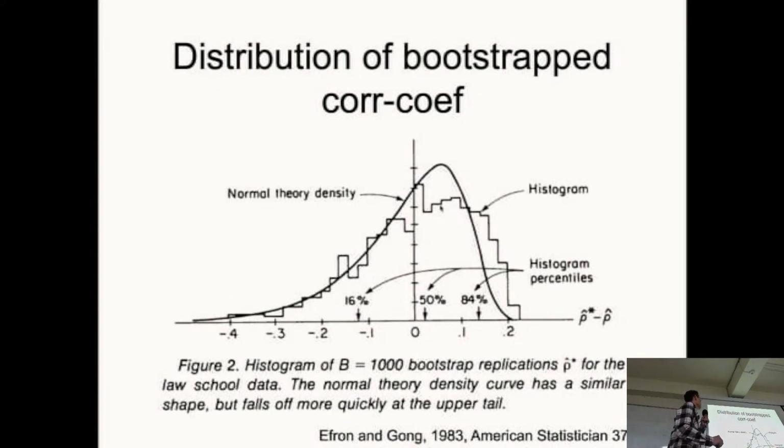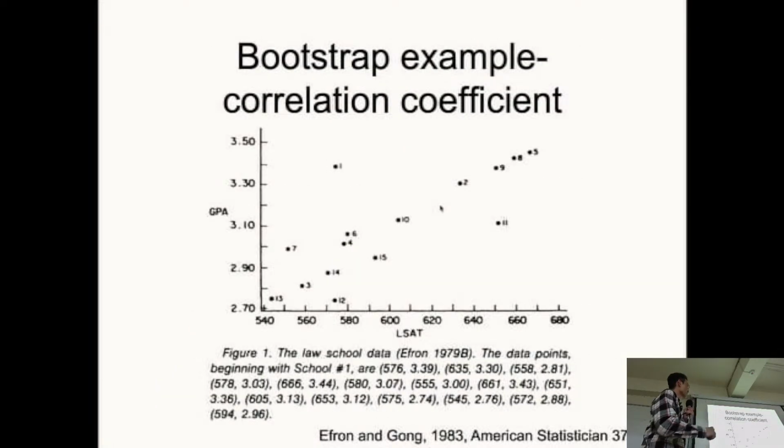And then, in a classical way, how can you calculate the confidence interval of the correlation coefficient? Anyone know how to calculate a confidence interval? If the data follow a Gaussian distribution, how to calculate the confidence interval of the correlation coefficient? Nobody knows. Okay, yeah. The estimate plus minus 1.96 standard errors is incorrect.